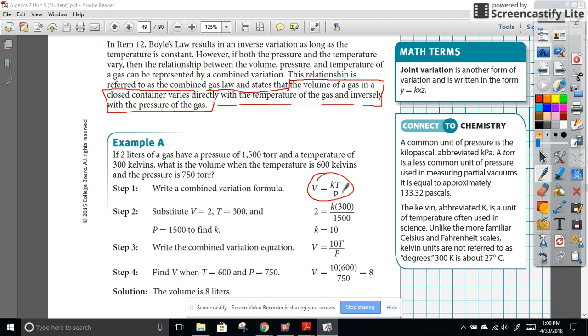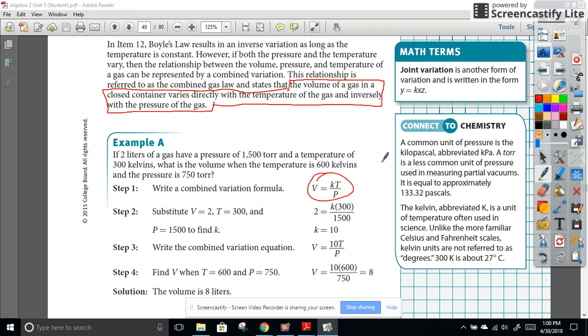If you can't read that and get that, then you need to come see me so we can talk and do some extra examples. That is what we're going to start with. V equals K times T divided by P. These two vary directly, and these two vary inversely.